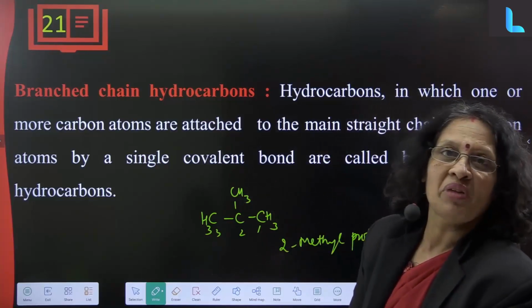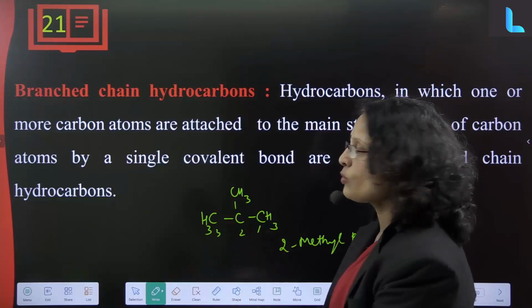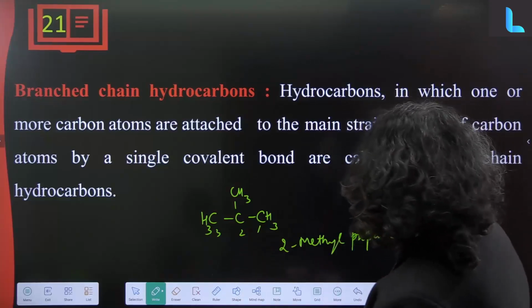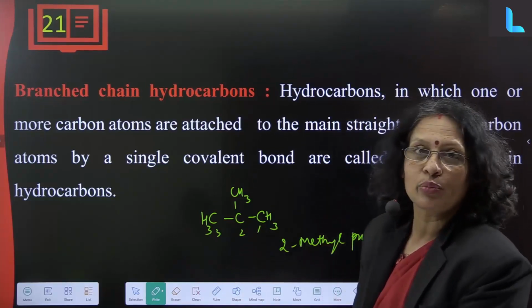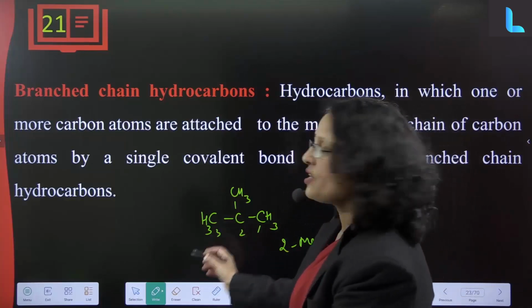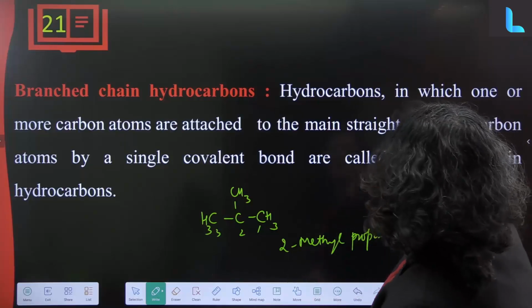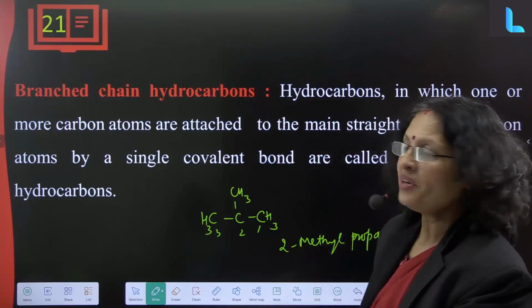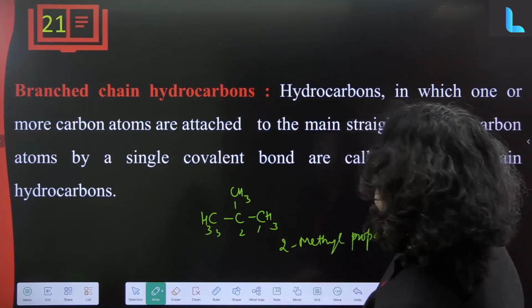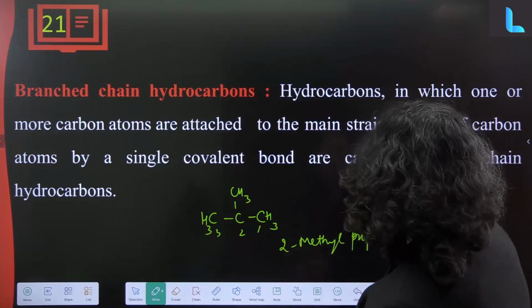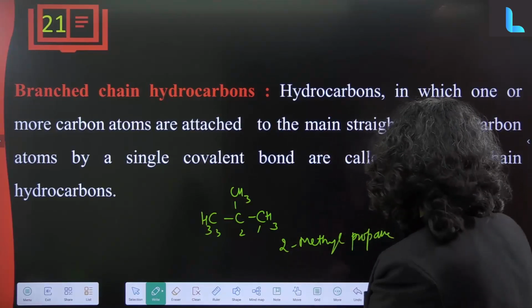Methane is CH4, minus H it becomes CH3, so that radical is called methyl. So 2-methylpropane. Prop is used for 3 carbons, a total of 3 carbons in the long chain, that is why it is called propane. So a hydrocarbon in which one or more carbon atoms are attached to the main straight chain of carbon atoms by a single covalent bond is called a branch chain hydrocarbon.